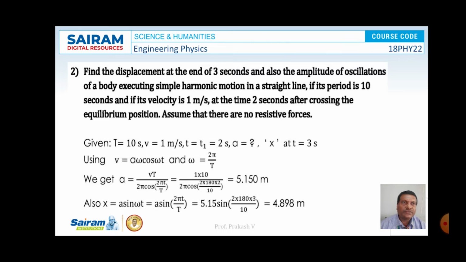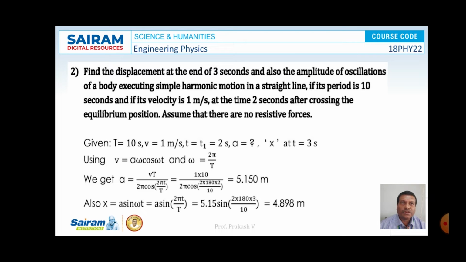Assume that there are no resistive forces. So here T is given as 10 seconds and v is given as 1 meter per second, and when t is equal to t1, that is 2 seconds, calculate the value of A.